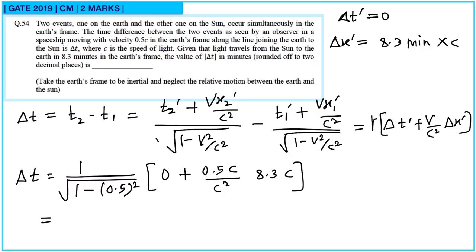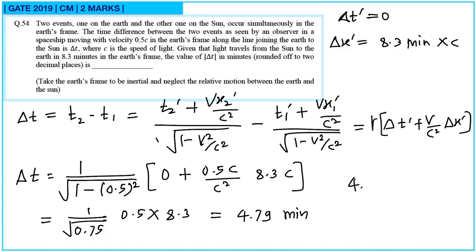So this is equal to 1 upon the square root of 1 minus 0.25, which is 0.75, and c will cancel, so 0.5 into 8.3, and this is equal to 4.79 minutes. Up to 2 decimal places, so the answer is 4.79. The answer given in the answer key is 4.77 to 4.81.